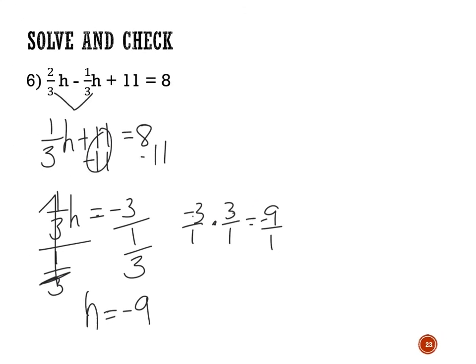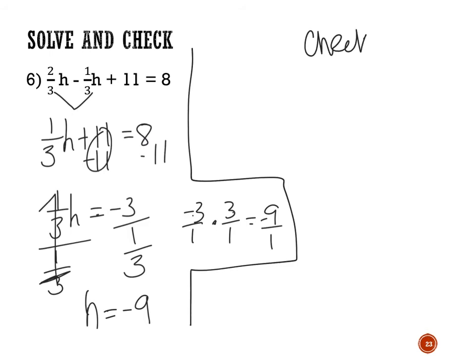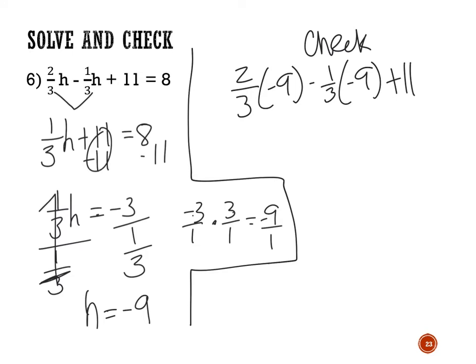To check your problem, two-thirds times negative 9 minus 1/3 times negative 9 plus 11 equals 8. And so you use your calculator. 2/3 times negative 9 gives you negative 6.